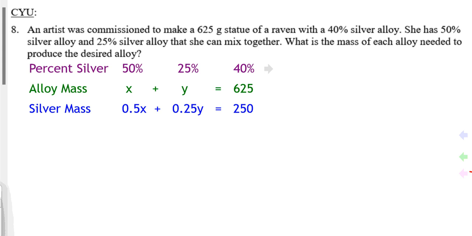The 25% silver alloy means that 25% of that total mass is pure silver. So our blue equation, the second one, is talking about the mass of the silver. And again, where we get this 250 from is taking the 625 and multiplying that by 40%.